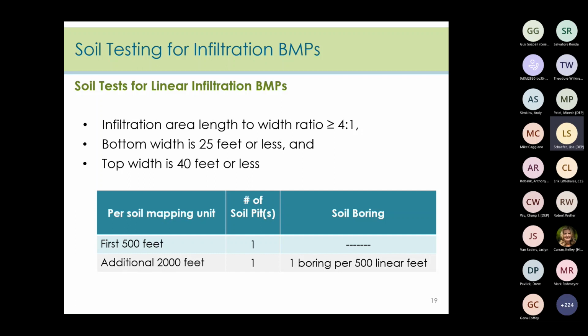And in each soil mapping unit, the soil profile pit must be conducted within the first 500 linear feet of the BMP. If the linear BMP exceeds 500 feet in length, 1 soil boring must be conducted at every 500-foot interval, and 1 additional soil profile pit must be conducted for every 2,000 linear feet. All soil explorations must be equidistant to adequately characterize the infiltration area.